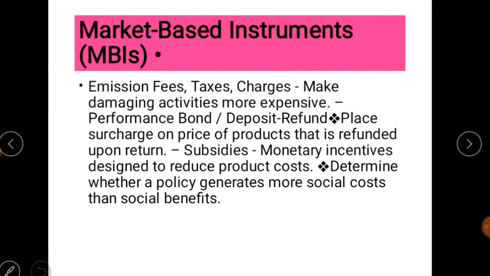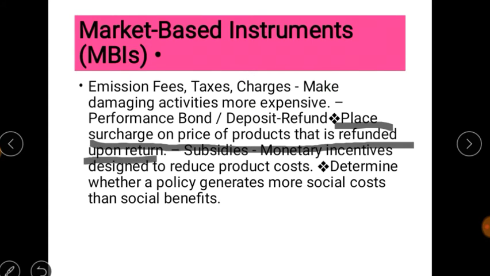They cause the reduction of pollutants, because the emission will be less and production will be less. Then another thing: place a surcharge on the price of products that is refunded upon return.